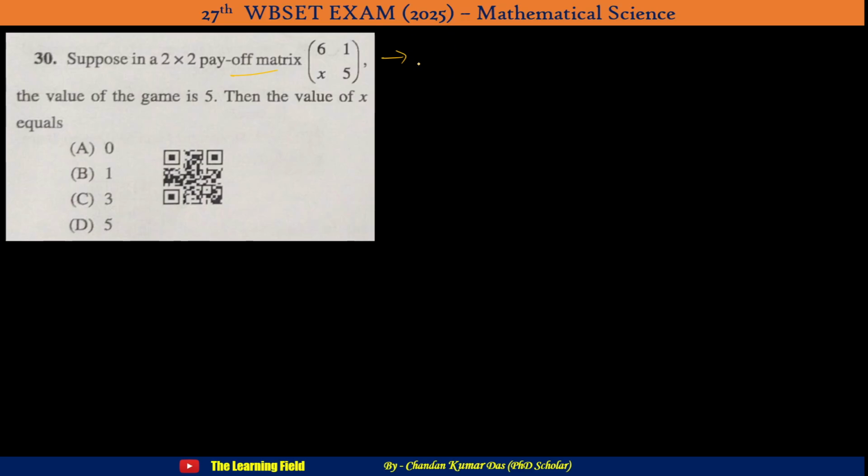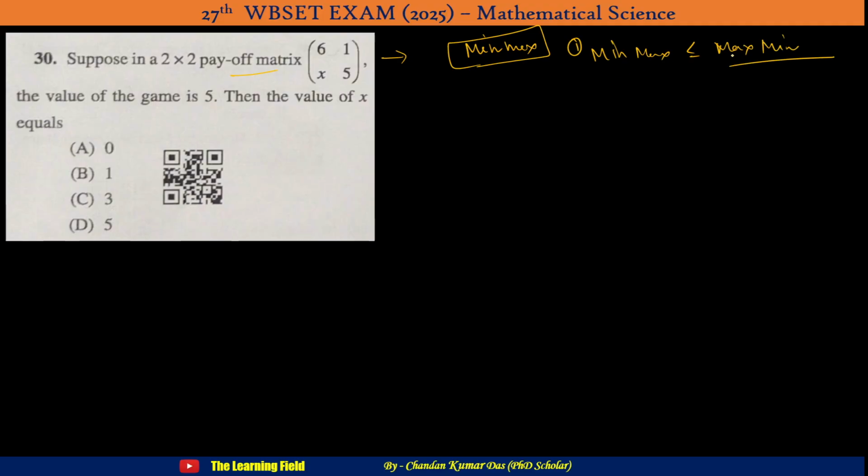We all know that game theory depends on the min max theorem, or max min theorem. In game theory there is a general result that min max is greater than or equal to max min. This is a very famous theorem.